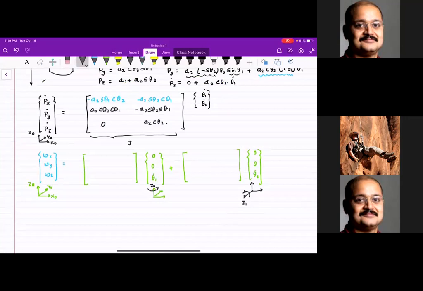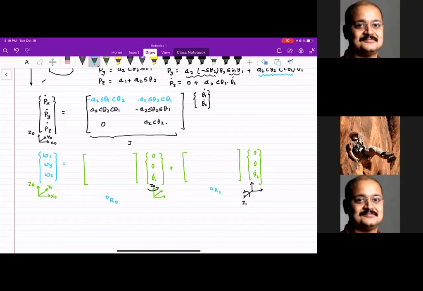But here, z0 and z1 are not parallel. They are perpendicular. So what it means is that there is going to be a rotational transformation that is going to take care of, very important, transferring theta 2 dot, which is about z1, to theta 2 dot about z0. I repeat this once again, and it will be super duper clear. Do you agree with me? This is going to be 0R0, and this is going to be 0R1.